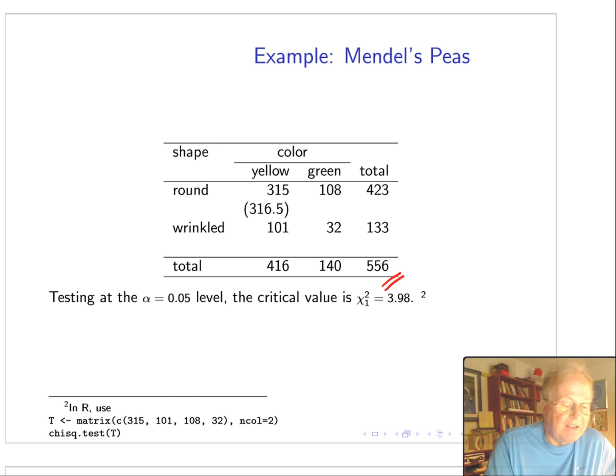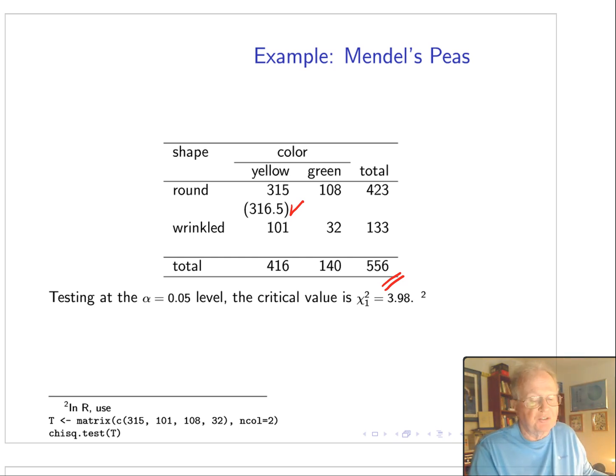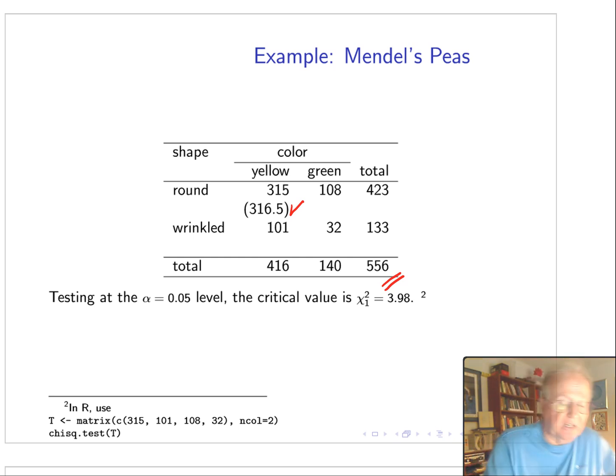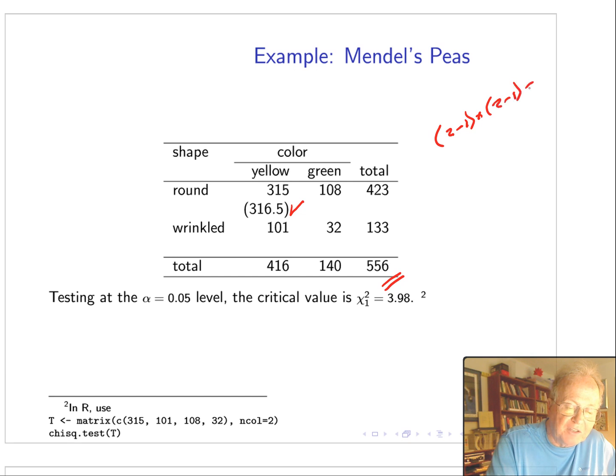I went ahead and calculated the expected value for the very first cell, round peas that were yellow. The expected value is 316.5. Now, let's use the great degrees of freedom trick. Peeking ahead, we see that the degrees of freedom is (2 minus 1) times (2 minus 1), which is 1.